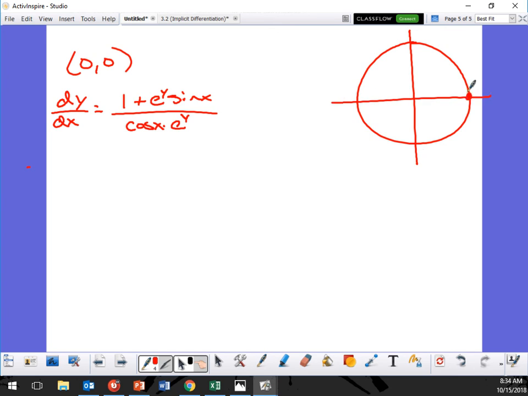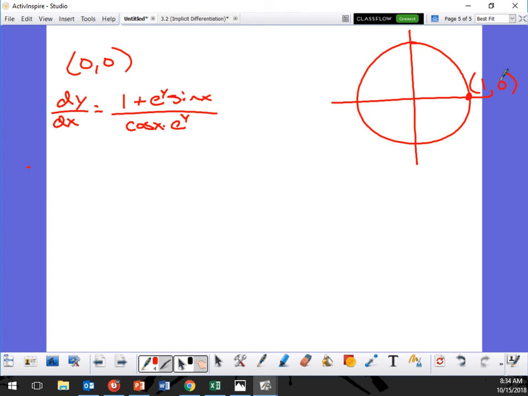This point right here is going to be 0, right? Okay. So what is the coordinate there? 1. It goes to the right 1. Does it go up and down? No, it's 0, right? So that means that the cosine, the x value, is 1, and sine, the y value, is 0.